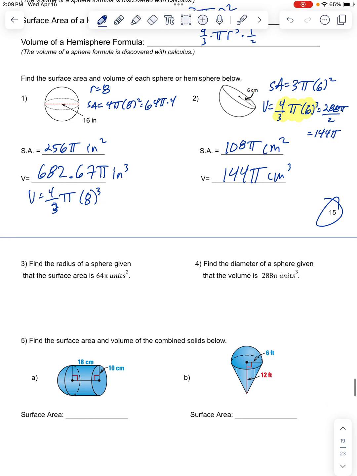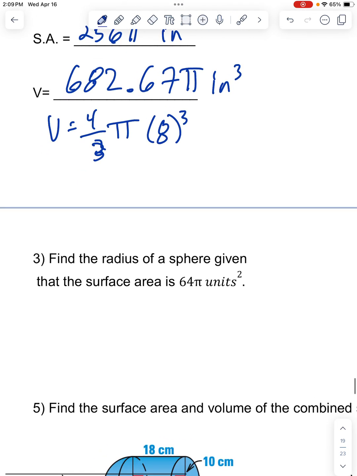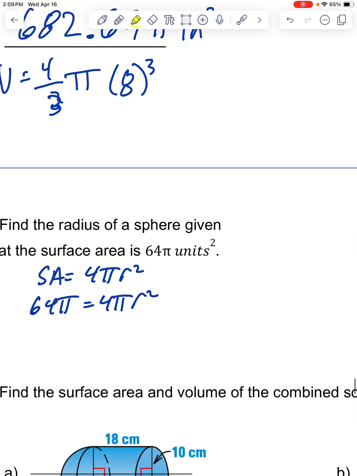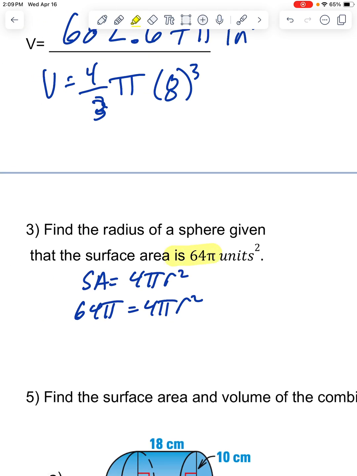Number 3 is a little bit different. It says find the radius given that the surface area is 64 pi. I'm working backwards. 64 pi equals 4 pi r squared. I plug in the surface area and then solve for r.